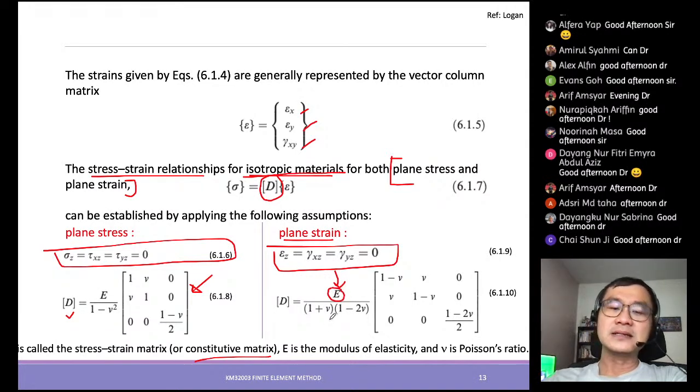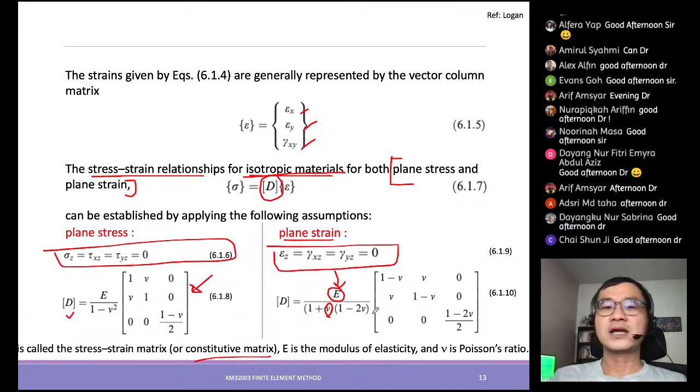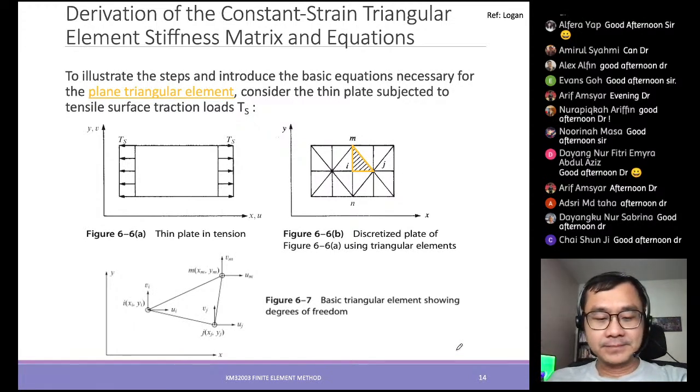Another new term you may need to provide is the Poisson ratio: when one side, let's say the x direction, changes, how will it affect the y direction. There is a Poisson ratio relationship between them. So make sure you understand what type of problem it is first before you select the equations to be solved.